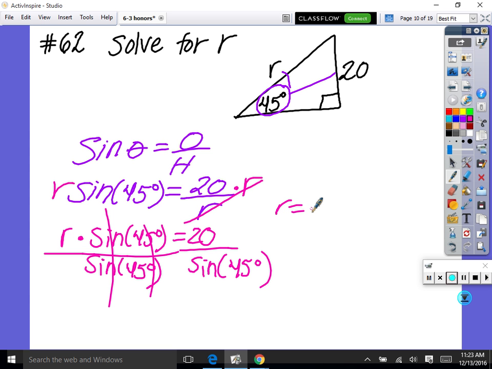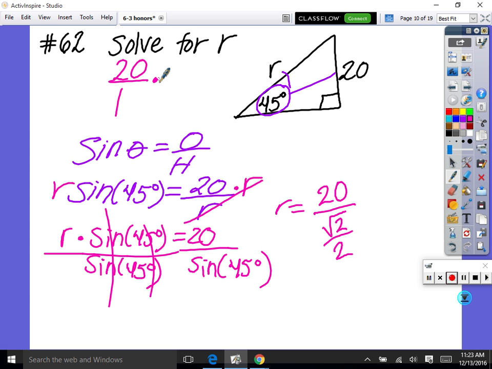Exact answer, you don't get a calculator. Sine of 45 degrees is root 2 over 2. Dividing fractions is easy as pi, so that's 20 over 1. We flip the second, and we multiply. Isn't that 20 over 1 technically? We've got to get really good at thinking of things like this.